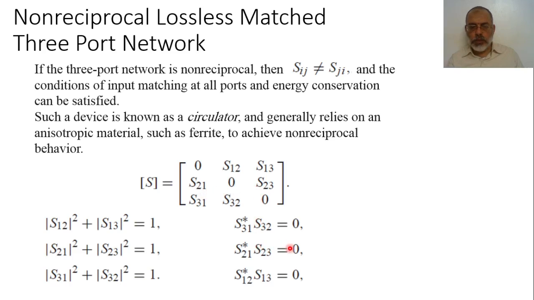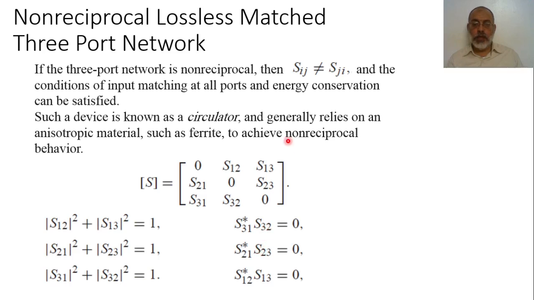This should equal 0. Finally, the conjugate of the second column multiplied by the third column: S12 conjugate multiplied by S13, and the other two terms are 0. This should be 0. So, to be lossless, these conditions must be satisfied simultaneously.